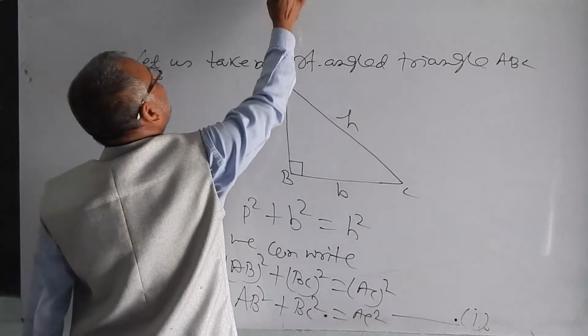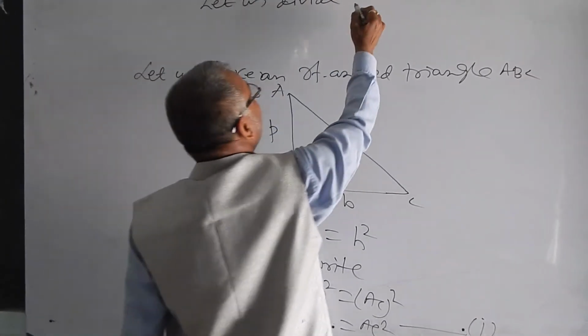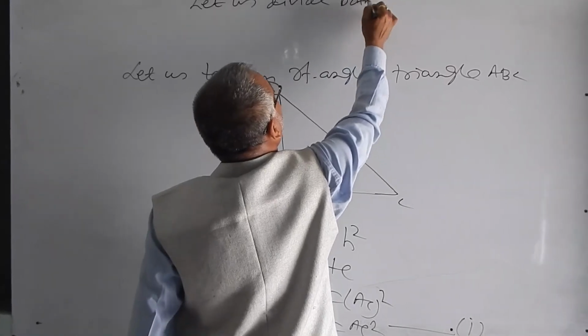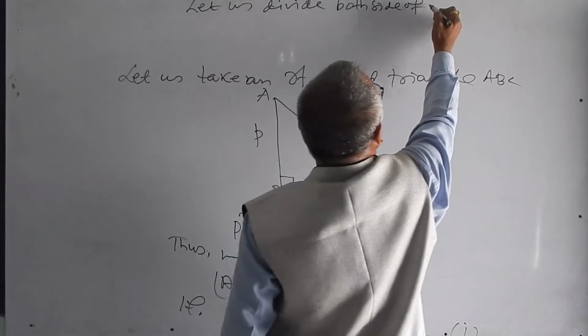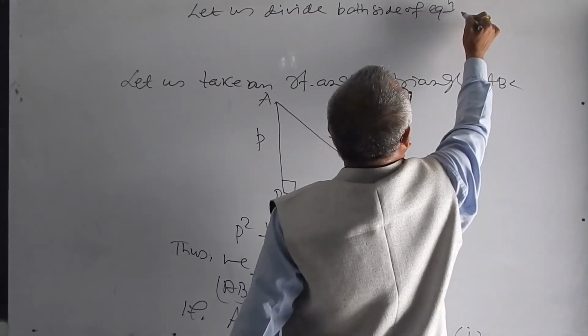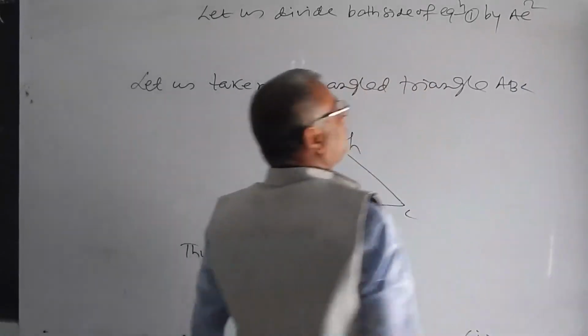Let us divide both sides of equation 1 by AC square.